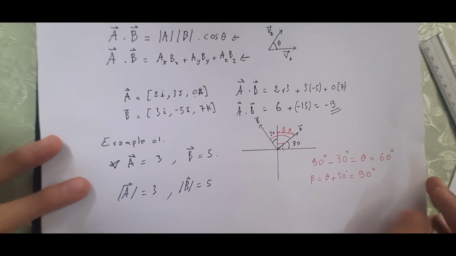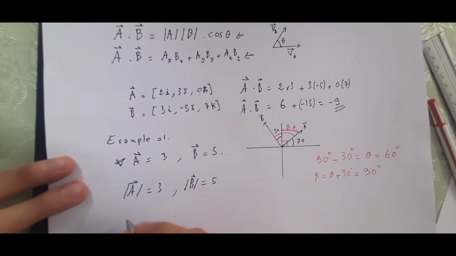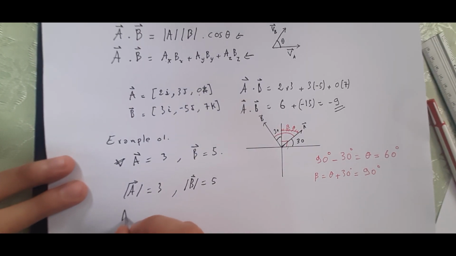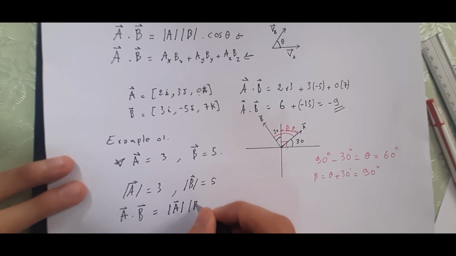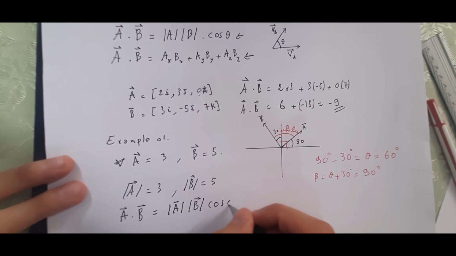And we plug everything in the formula. Vector A dot vector B equals the magnitude of A times the magnitude of B times the cosine of theta.